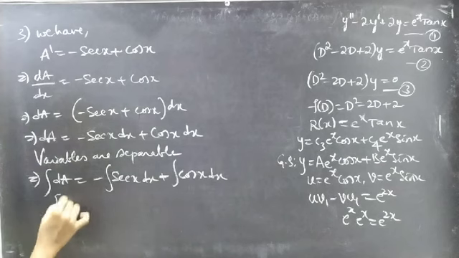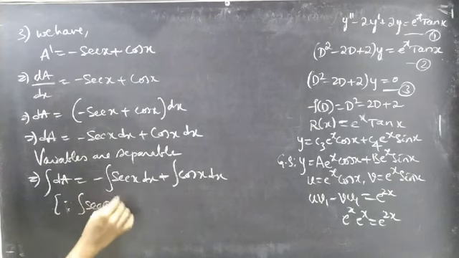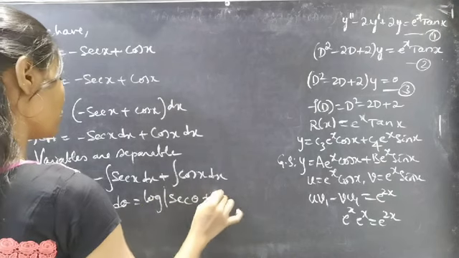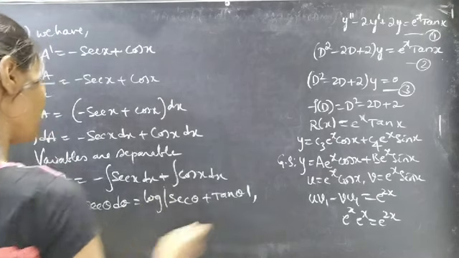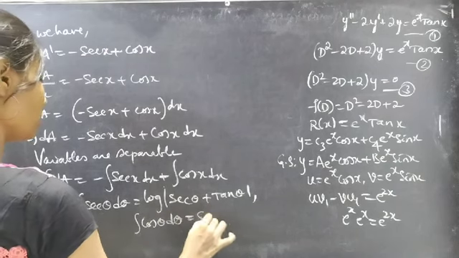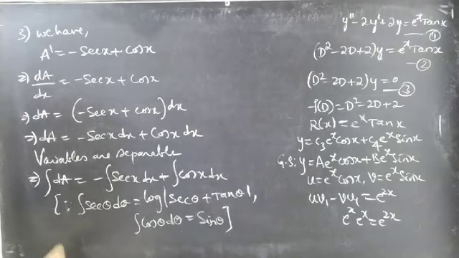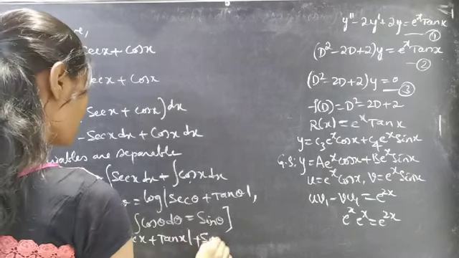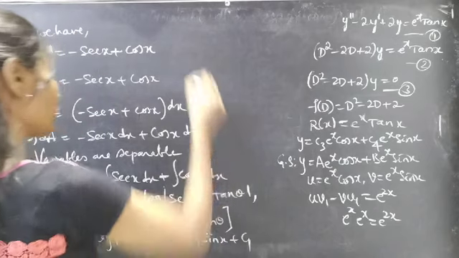Since we know that integral secant theta d theta equals log mod secant theta plus tan theta, and integral cos theta is sin theta, the above equation becomes integral dA equal to minus integral secant x dx, which is log mod secant x plus tan x, plus integral cos x dx, which is sin x, plus some integral constant, say c1.